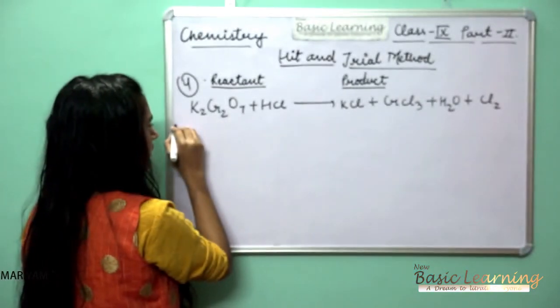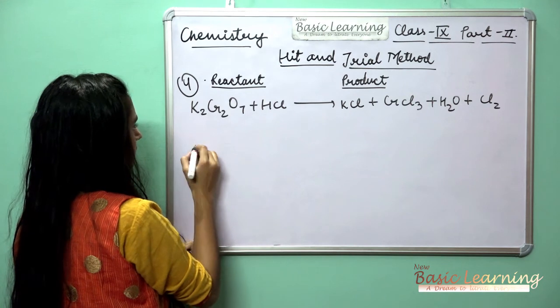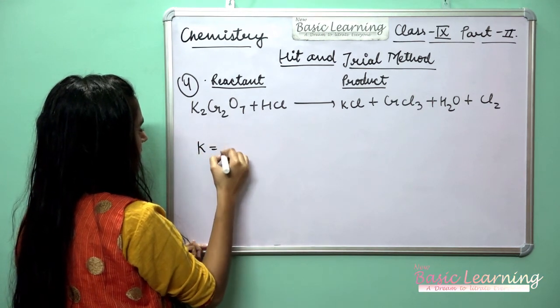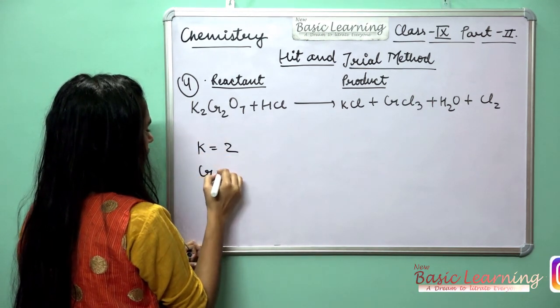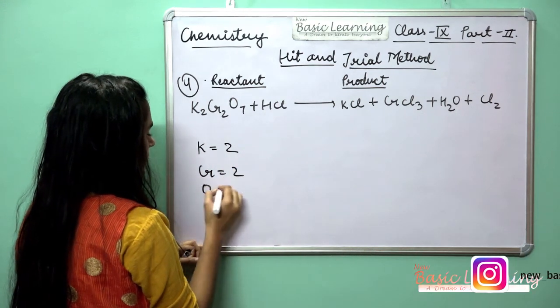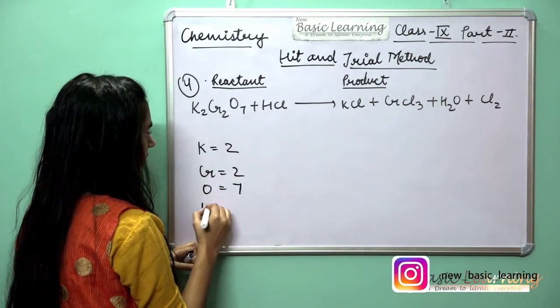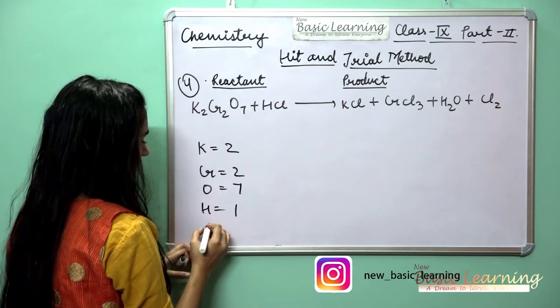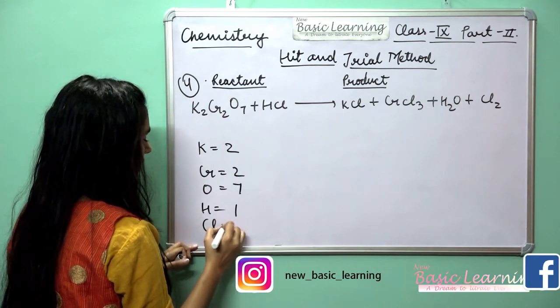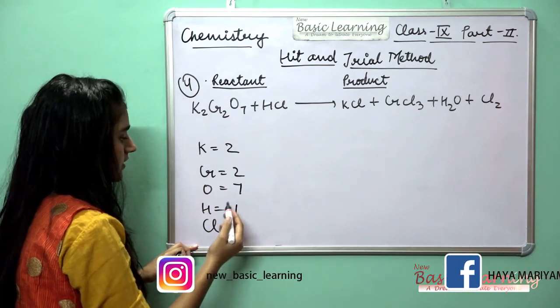So let us write the reactant side, that is potassium is having 2, chromium is having 2, oxygen is 7, hydrogen is 1, and chlorine is 1.